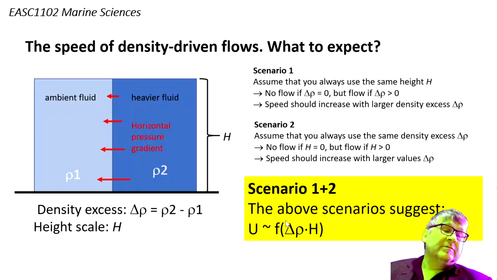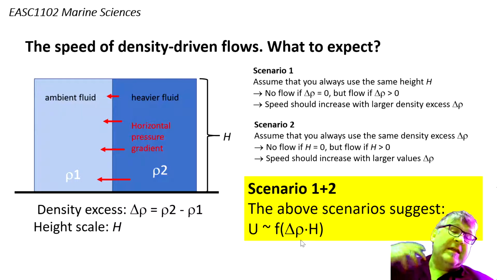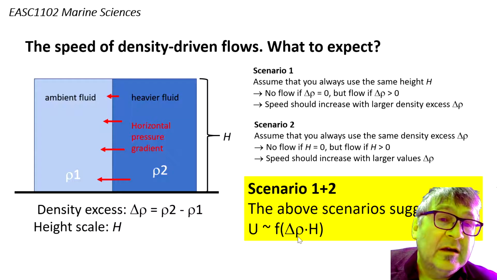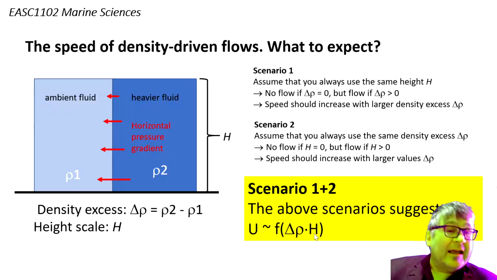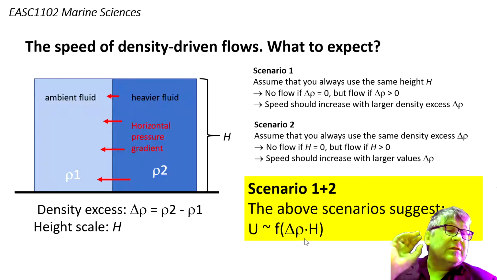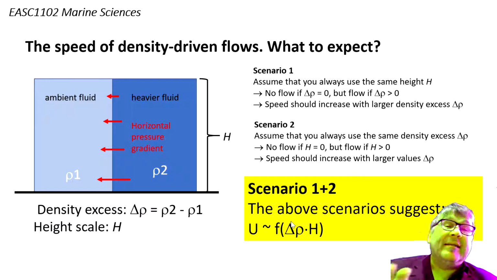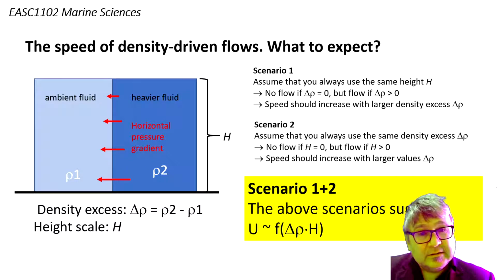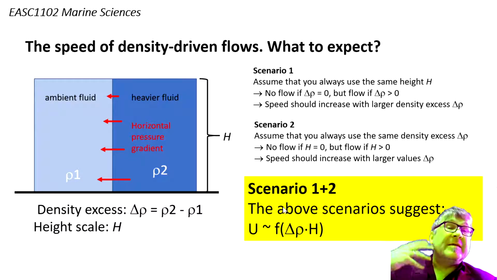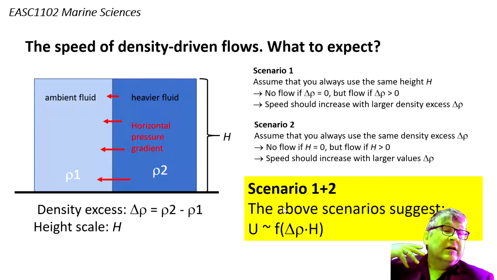The product means that you could increase the density excess but decrease the height, and that leads to a compensating effect. So that's the hypothesis, but it's not necessarily a linear relationship. It might be some function. It could be a quadratic or a square root, something like that. This is why I write f. F means function.